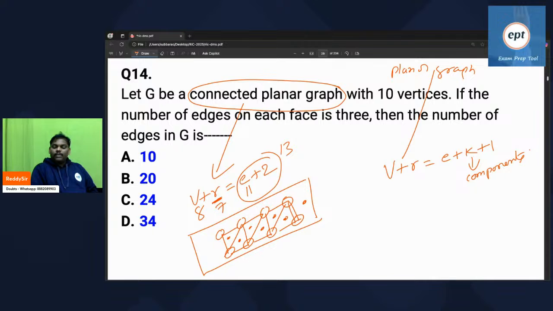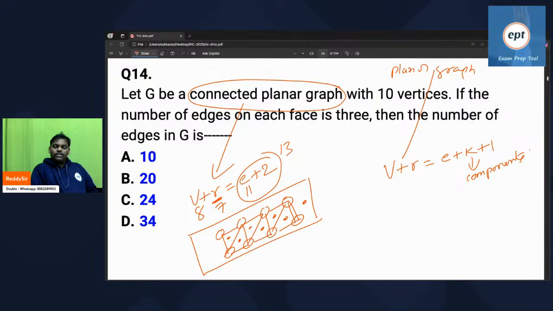So 8 plus 7 is 15. Can you count properly? Number of regions, how many? Edges, how many?